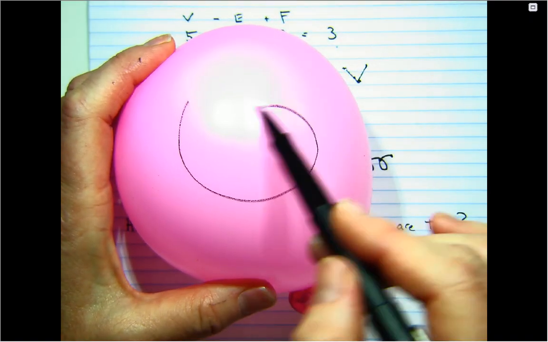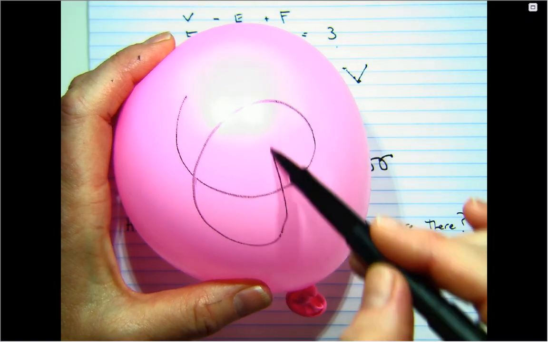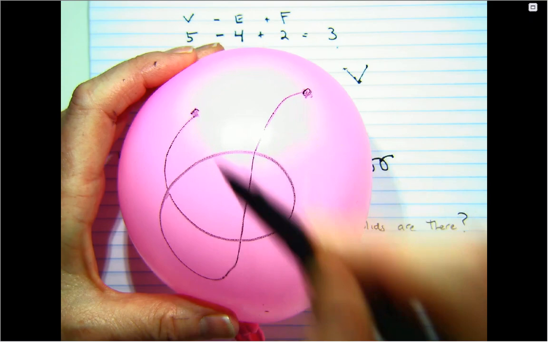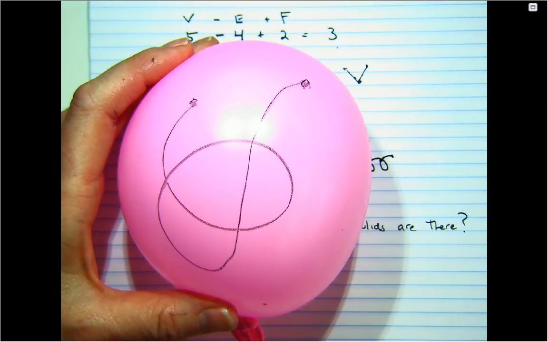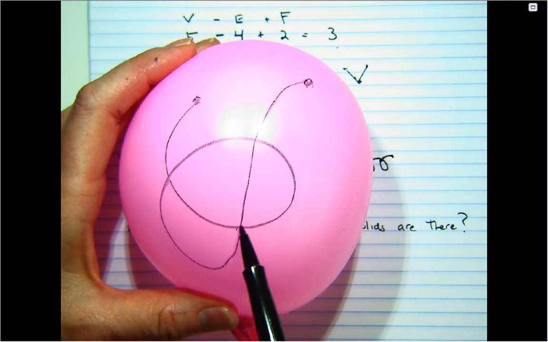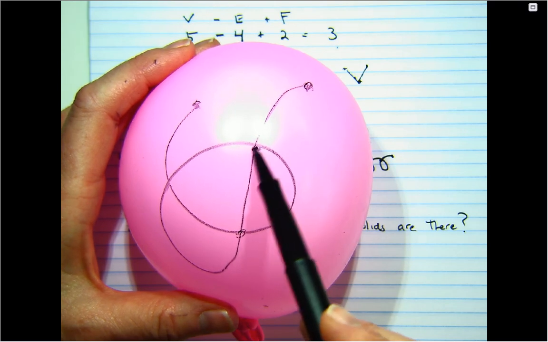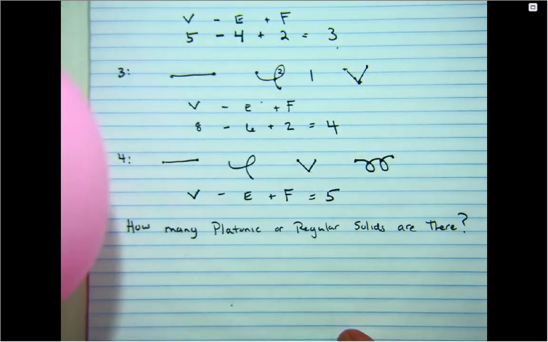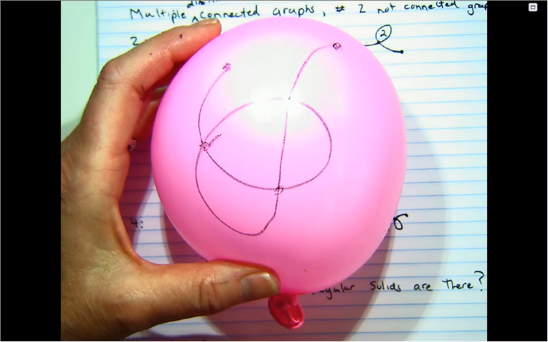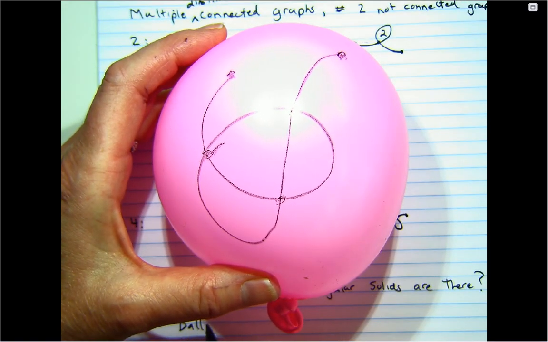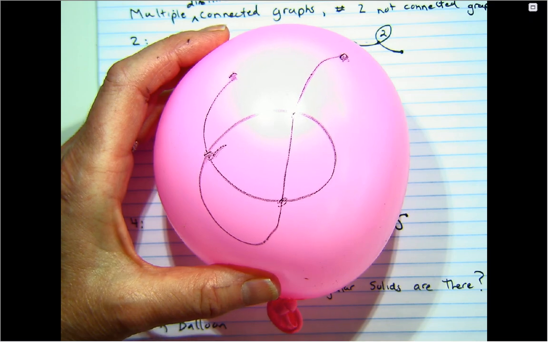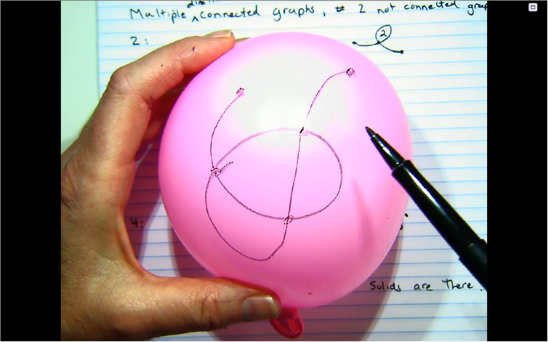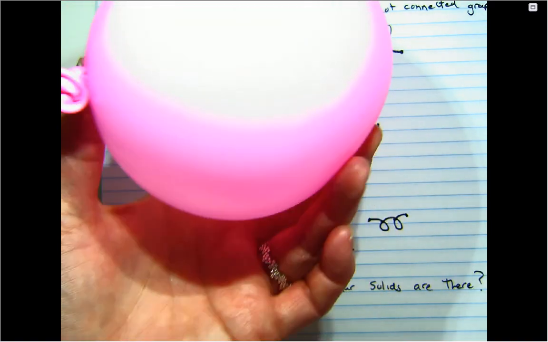So let's draw a connected graph here. And let's count the vertices, regions, or faces, and edges. Okay, and I'll get a piece of paper to write that on. Okay, so on a balloon, draw a connected graph, and I still have one outside face, right?